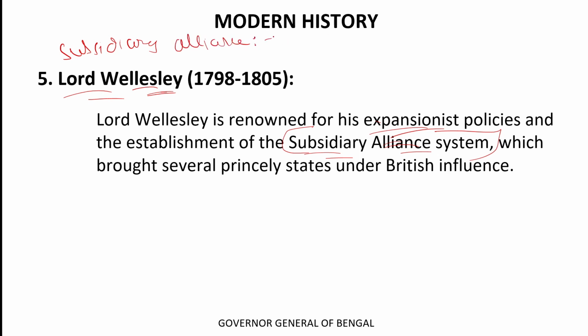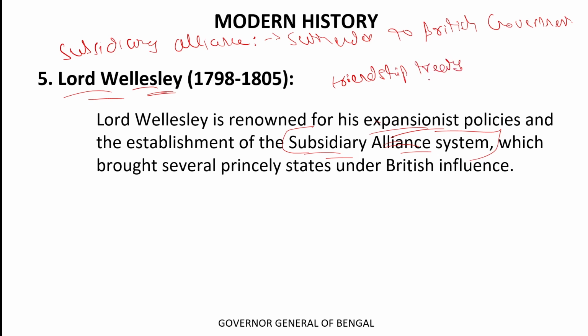Basically, it is a surrender to the British government. In short and simple terms, if someone asks you what you mean by subsidiary alliance, it is a surrender to the British government. However, Lord Wellesley promoted the subsidiary alliance as a friendship treaty. But in real terms, it was not. In real terms, it was just a treaty to get Indian states under the control of the Britishers.